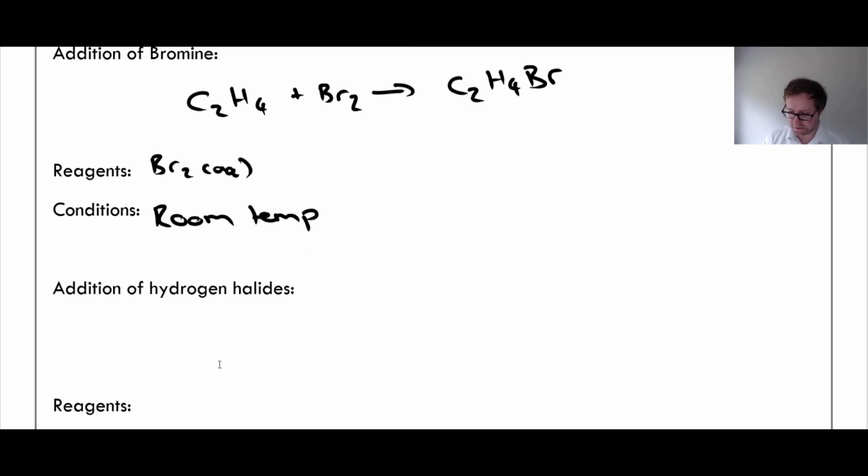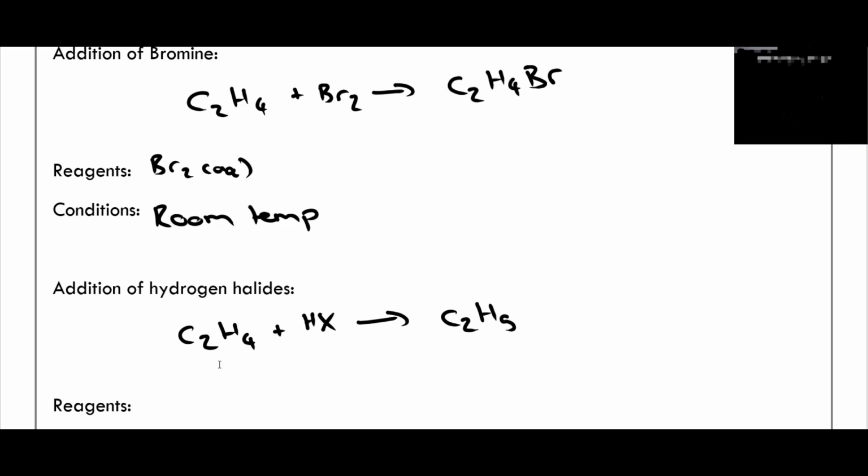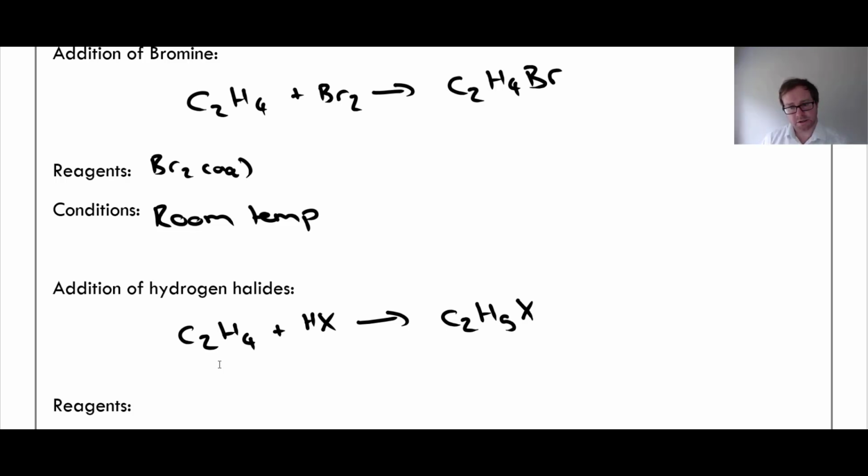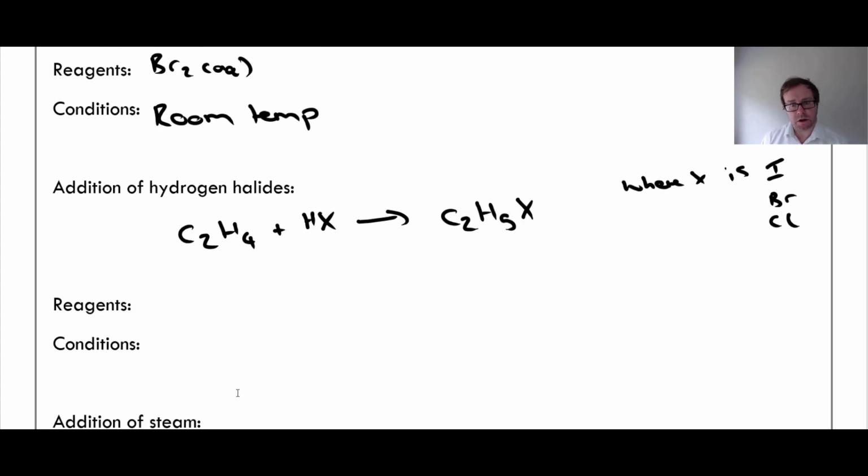Okay, addition of hydrogen halides. I'm going to keep using ethene as my example. Here I'll just use HX, which would give me C2H5X, where X is I, Br, or Cl. Okay, so I've made something here. I'm just going to tell you what it is.